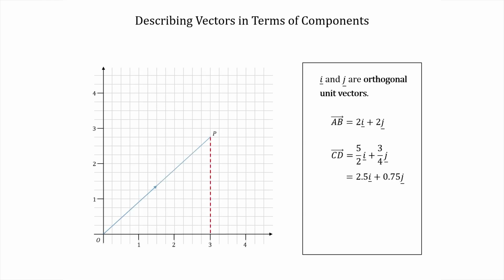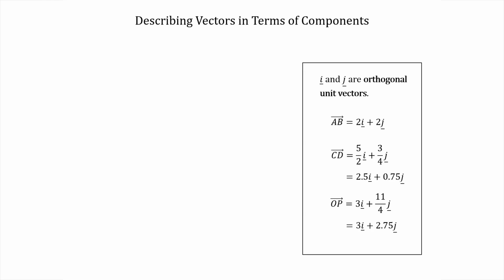Its horizontal length is 3, and its vertical length is 2 3/4, or 2.75. So, since i and j each have length 1, we can write OP as 3i plus 11/4 j, or 3i plus 2.75j in decimal form.